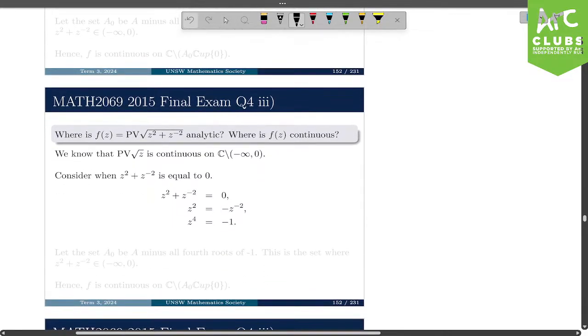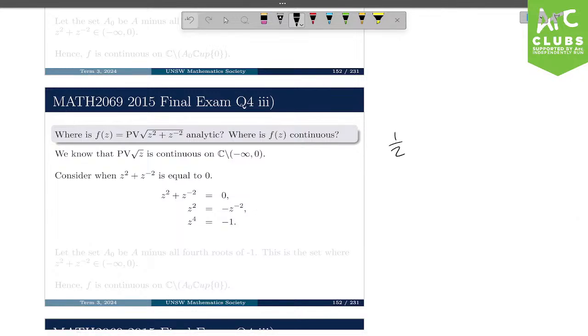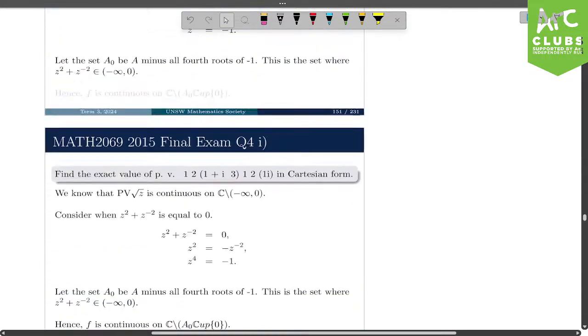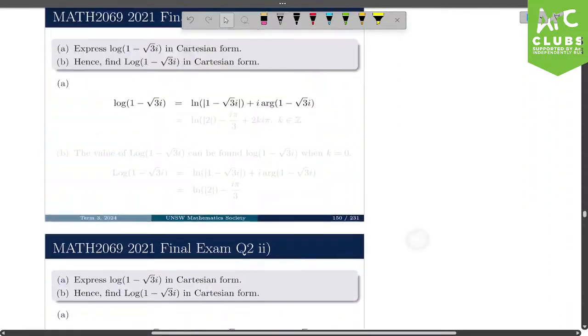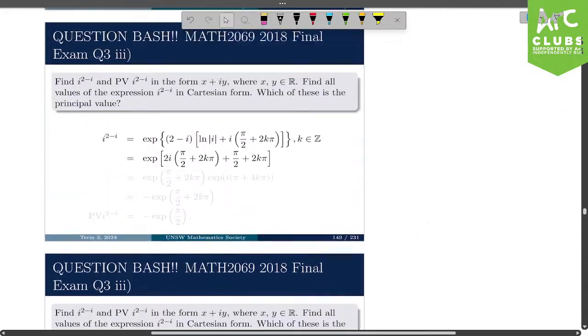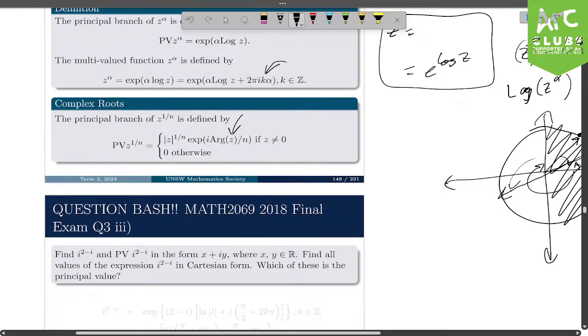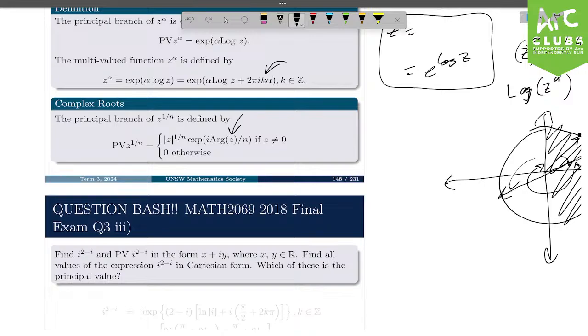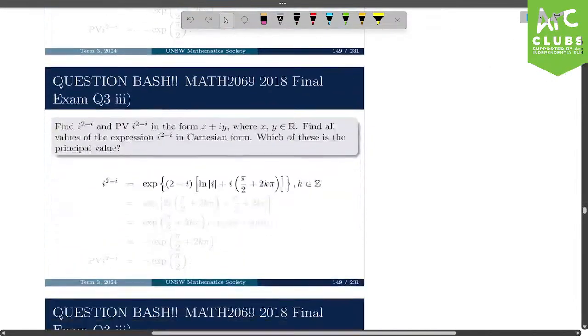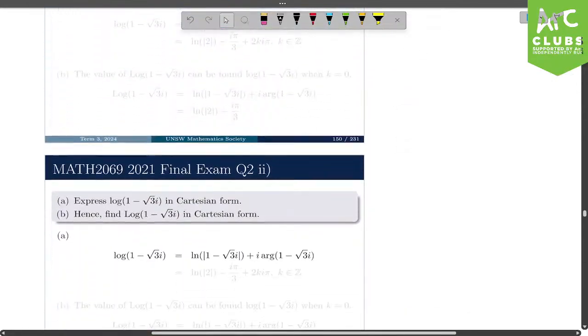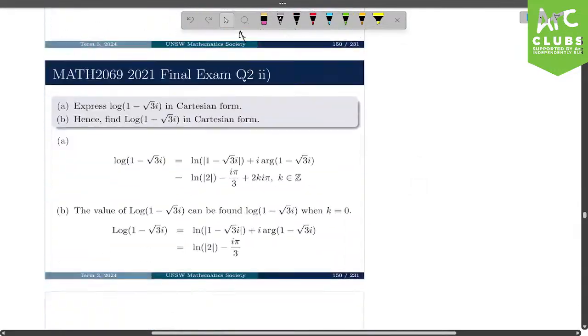Principal value, once again, we get 1 over n being the exponent attached to the magnitude, and then we go ahead and affect the argument as such. So in this intuitive sense, let's go ahead and have a crack at it.